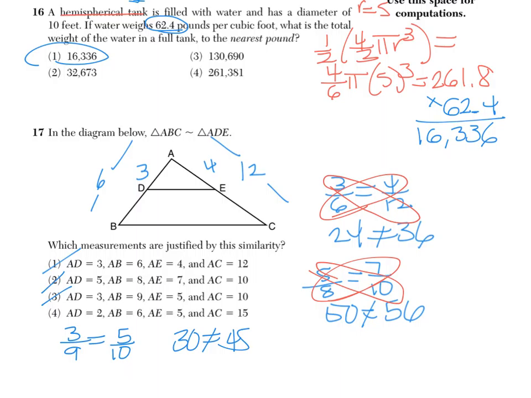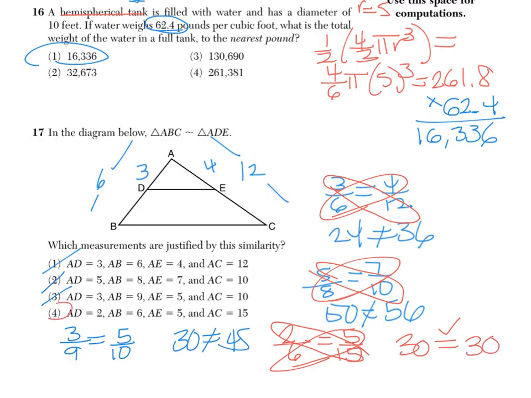So it's got to be choice 4, but let's just prove it to be true. 2/6 is equal to 5/15, and yes, 30 is equal to 30 indeed, so this proves that we've got the similarity.